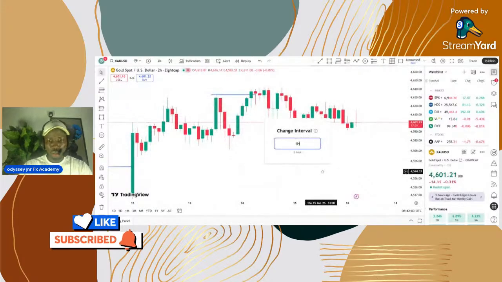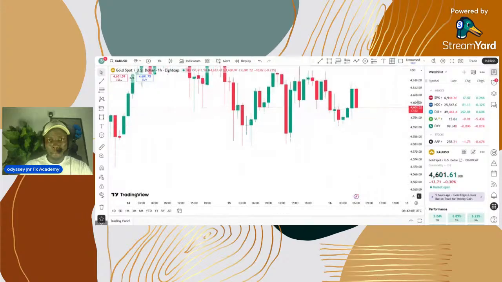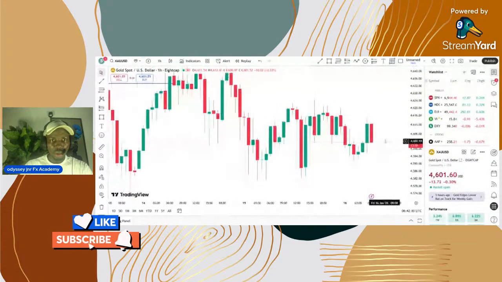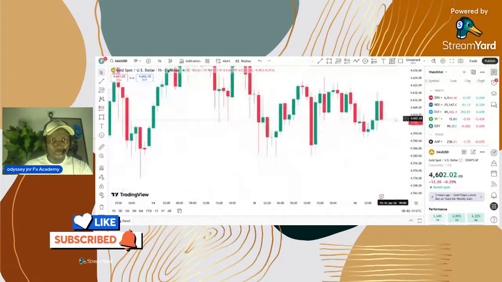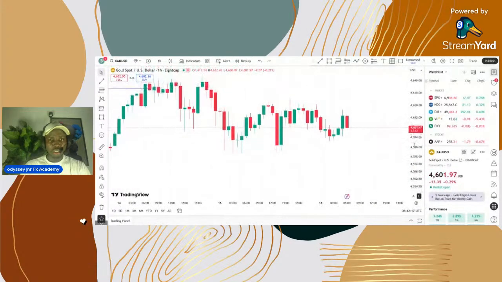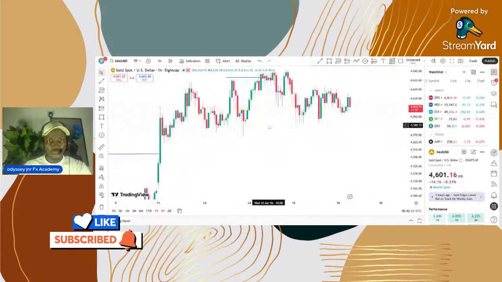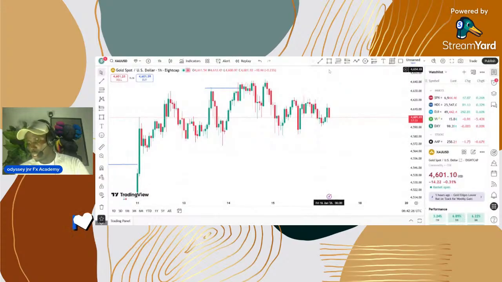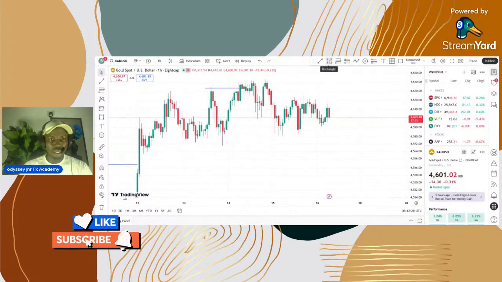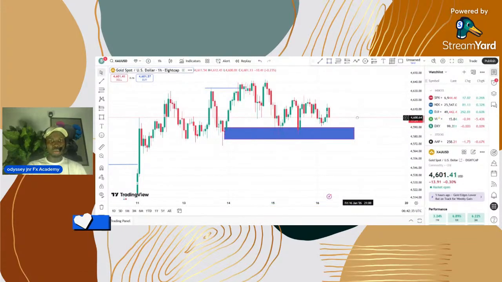Okay, 1 hour time frame. This market is currently reacting to this order block.